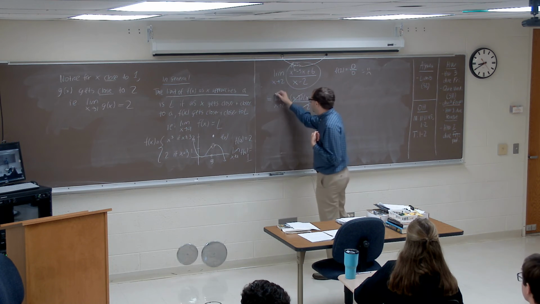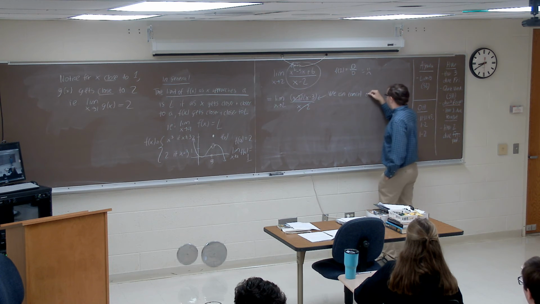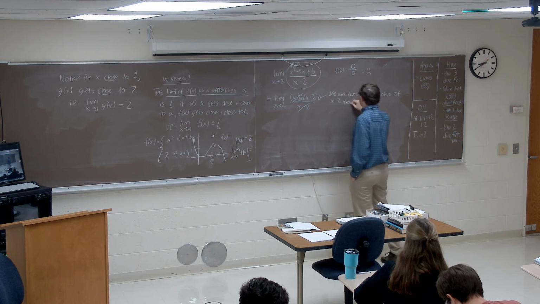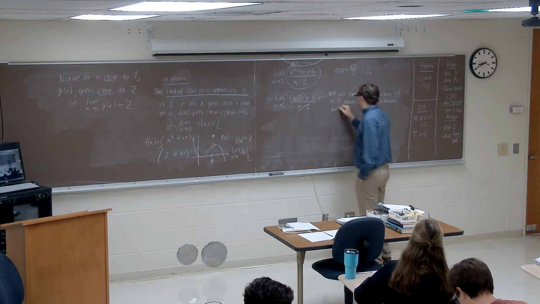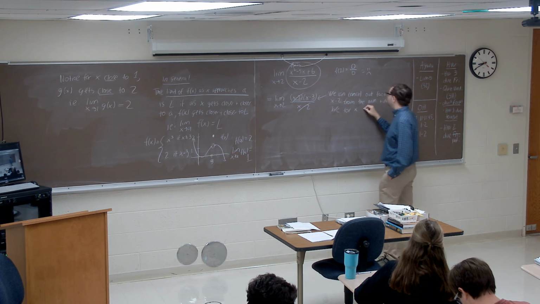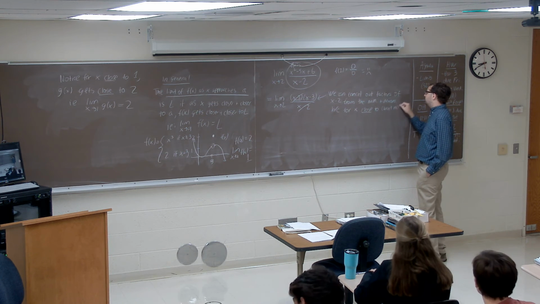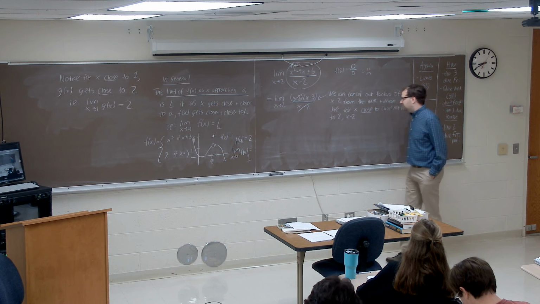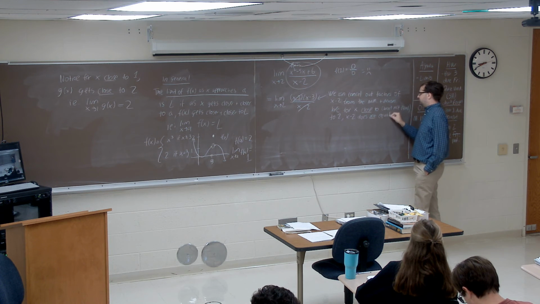I'm going to make a note of this here. You can cancel out factors of x minus 2 from the numerator and denominator, because for x close to 2, but not equal to 2, x minus 2 does not equal 0.